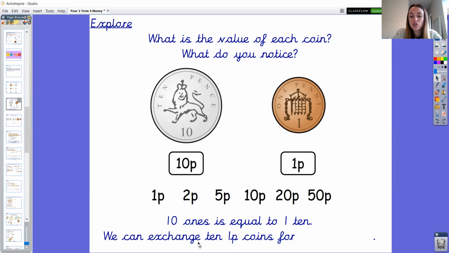Well done. We can exchange 10 1p coins, so 10 of these coins, for 1 10p coin, which you can see here. Should we say that last sentence together? We can exchange 10 1p coins for 1 10p coin. Well done, Year 2. Thank you for joining in with me.